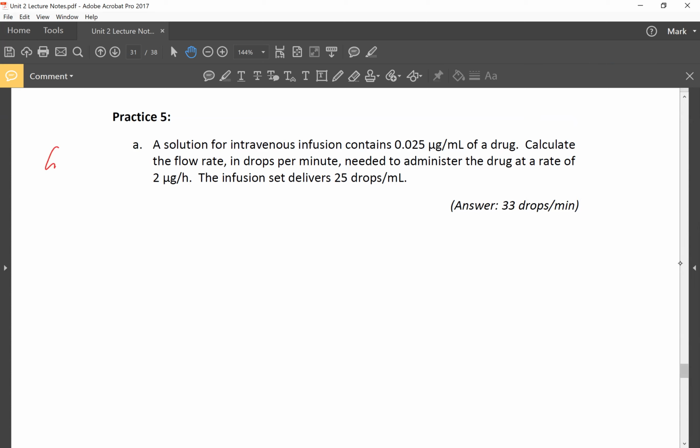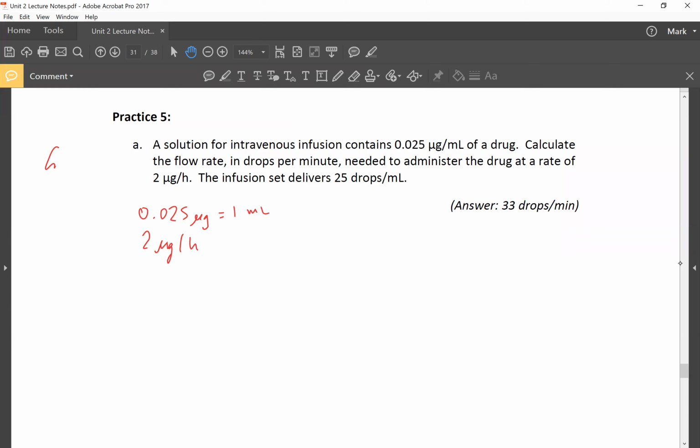Yes. Okay. So I know that there's 0.025 micrograms in 1 milliliter of this drug. I know that what we need to administer is 2 micrograms per hour.